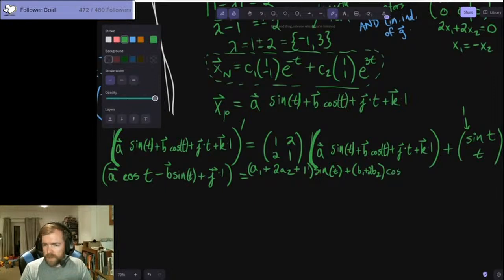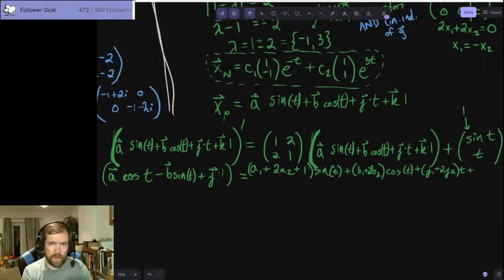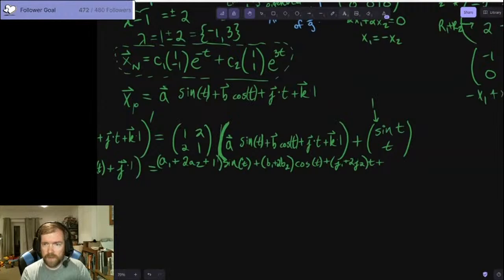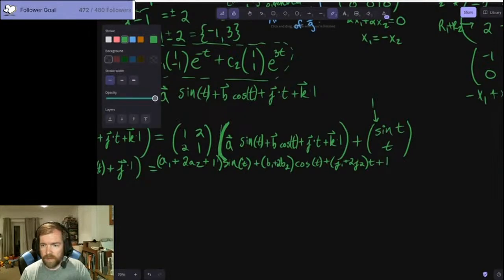times the cosine of t plus j1 plus 2j2 times t plus k1 plus 2k2.